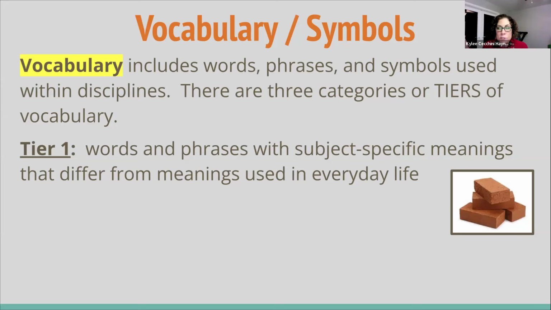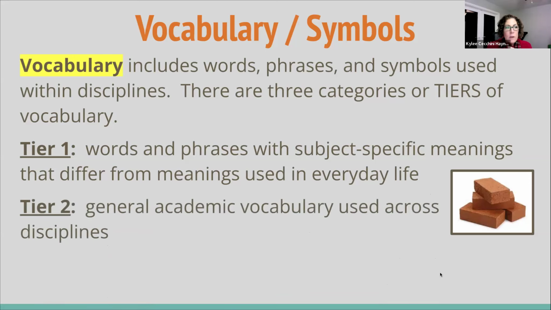It might be different in photography, and it could also be different in the way it would be used in talking about positive outcomes and negative outcomes, right? So for tier one words in academic vocabulary, let's think about those words that we need to be really clear with our students about how we're using that word for our subject matter and how that word is used in our specific discipline.